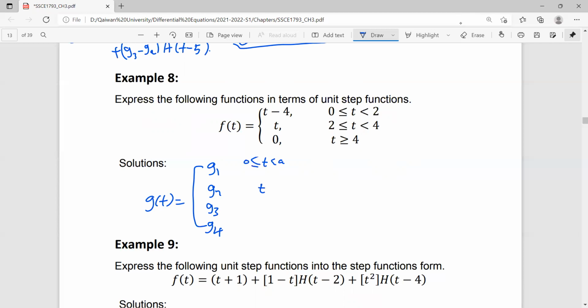Then here, t is less than b and greater than or equal to a. Here, t is less than c and greater than or equal to b. Here, t is greater than or equal to c. We have this step function. g1, g2, g3, and g4 are all functions.